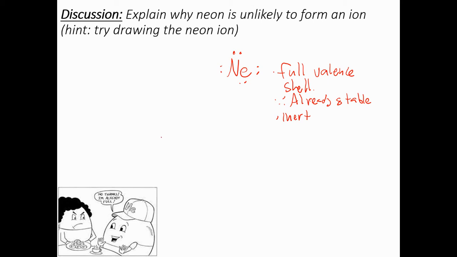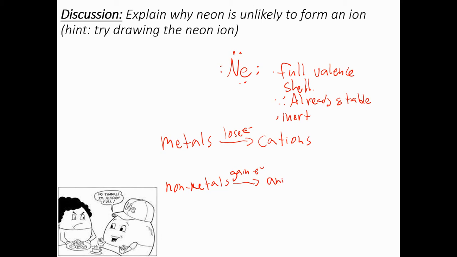So remember that metals, as a summary, will lose electrons to become cations, and nonmetals will gain electrons to become anions.